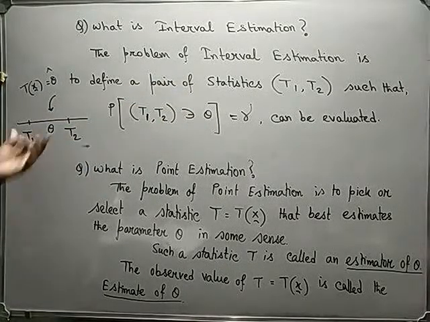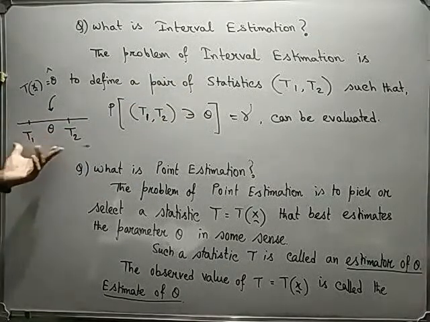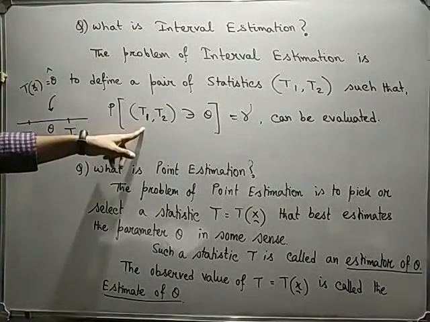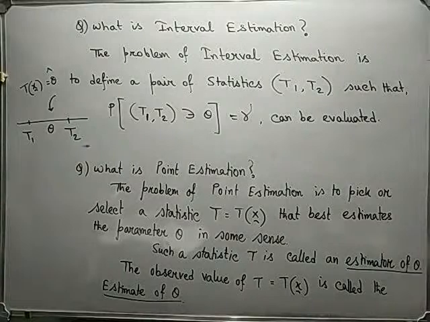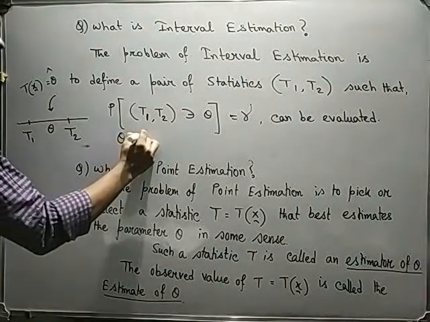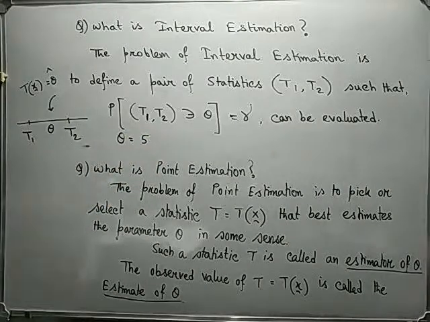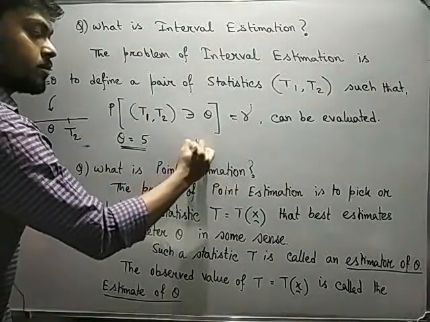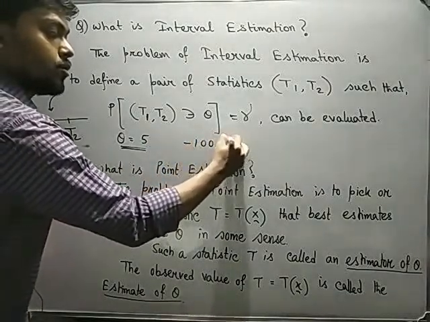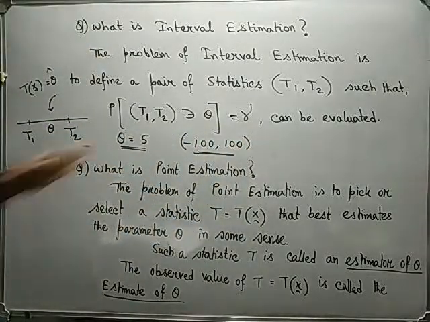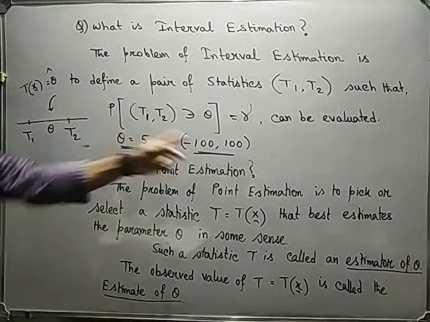Now, if this interval is smaller, then obviously it would be better for us. Let's say the actual value of theta is 5. Someone tells me minus 100 to 200. This interval contains the value of theta, so obviously that is right.